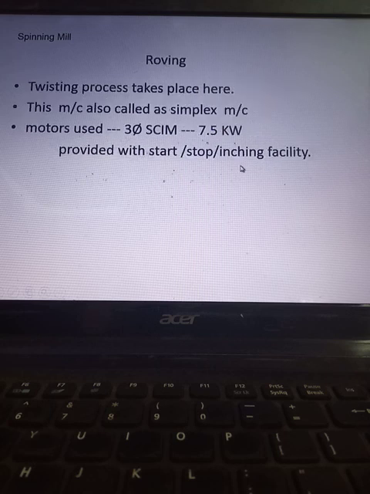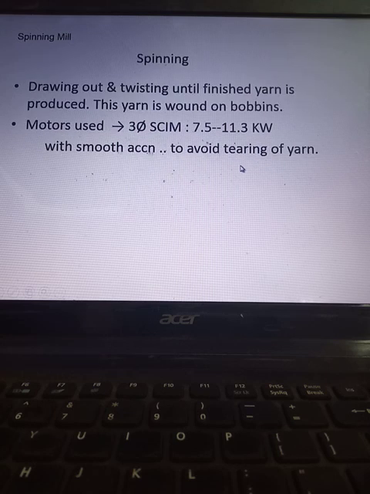Not only here, in all the earlier operations also, the material involved is cotton, very fragile, not very strong. Hence, the operation is to be very smooth. The acceleration, the sudden start, is to be watched. Otherwise, there will be tearing of the yarn.